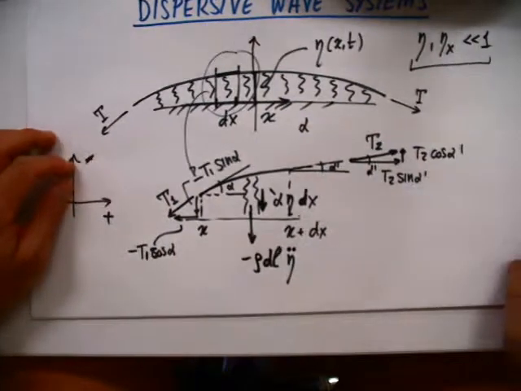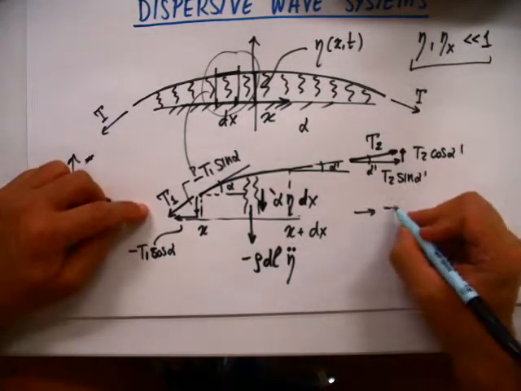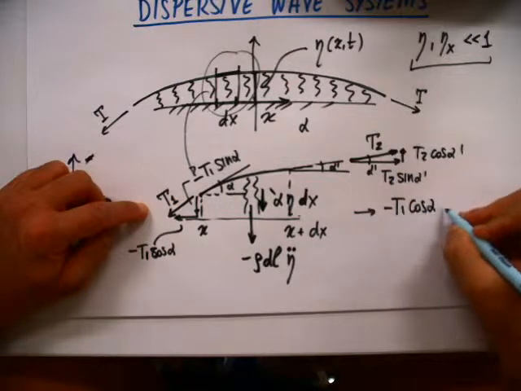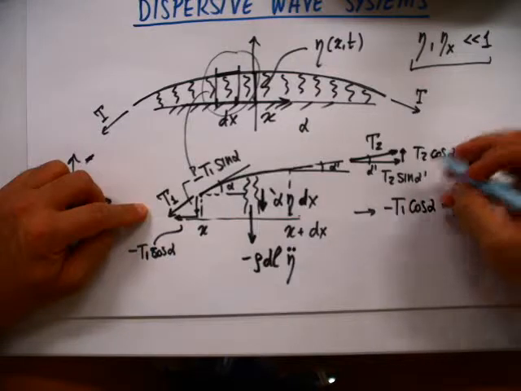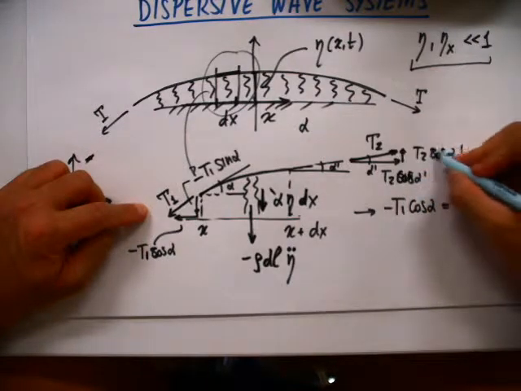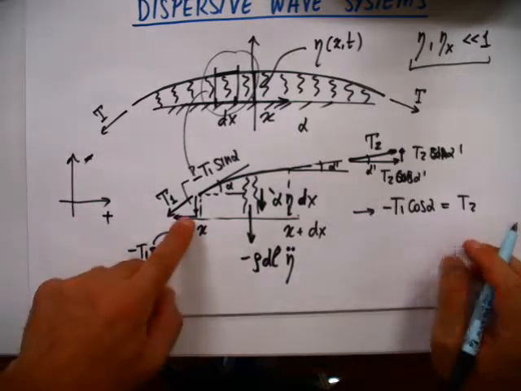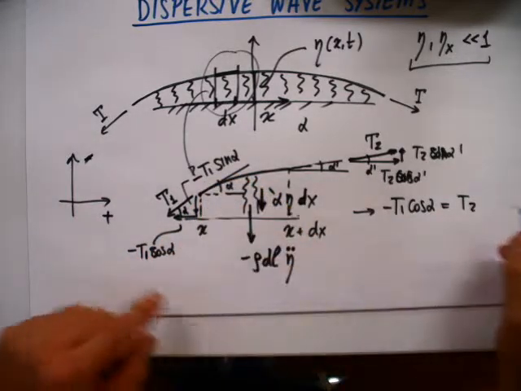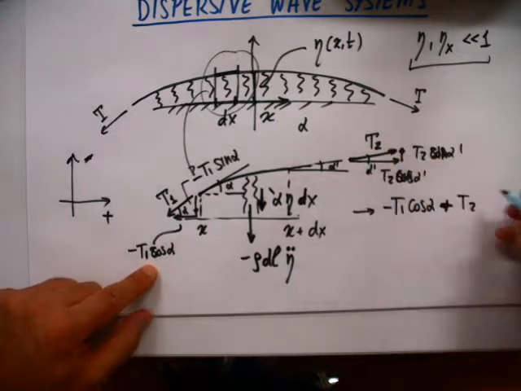So the equilibrium in the x direction is going to tell me that minus T1 cosine of alpha plus T2 cosine of alpha prime has to be equal to 0.